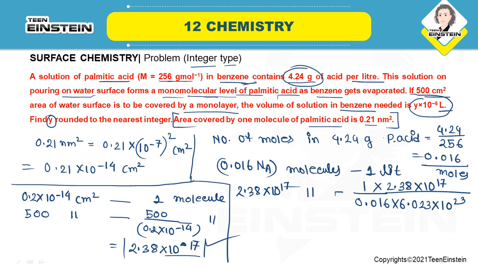Okay, so this will be the final calculation and it will be 24.7. You will directly get 10 to the power minus 6 because 10 to the power 17 here and we have 23. So 17 minus 23 is minus 6. And see the format of the final answer, that is also y into 10 to the power minus 6. So this is the value of y.